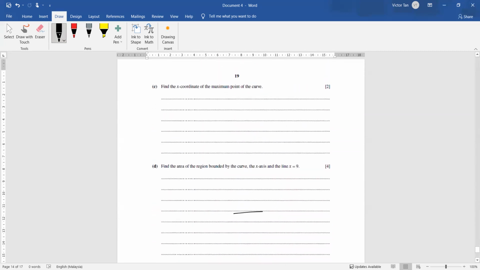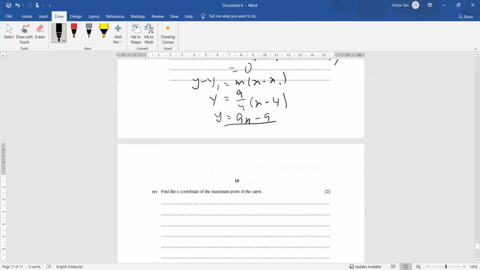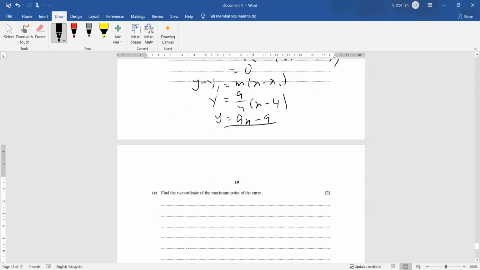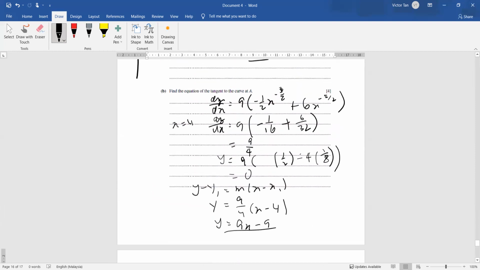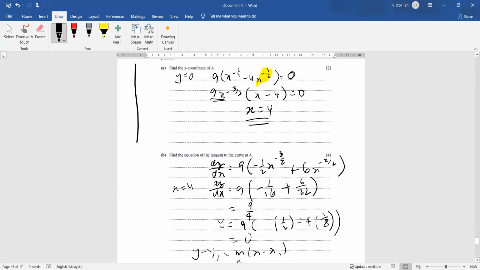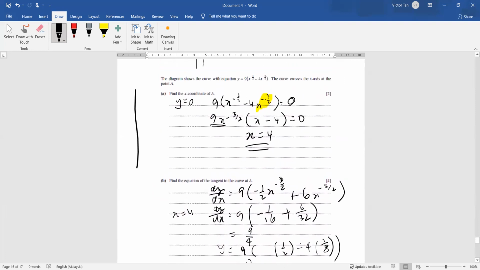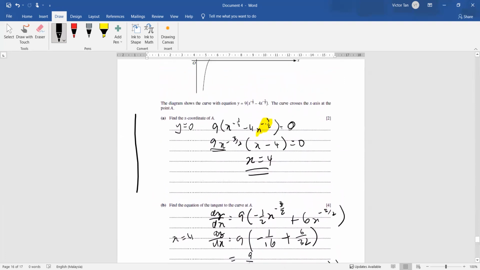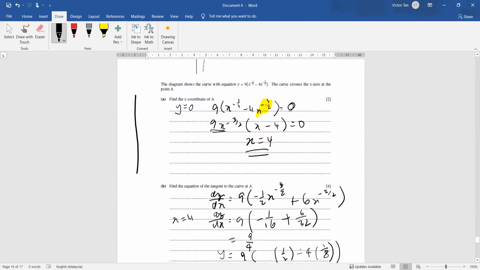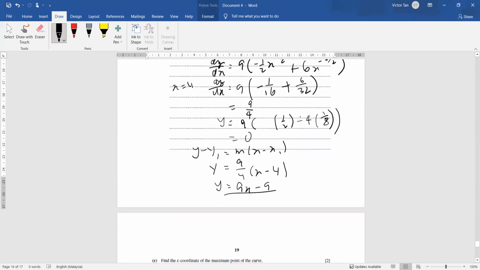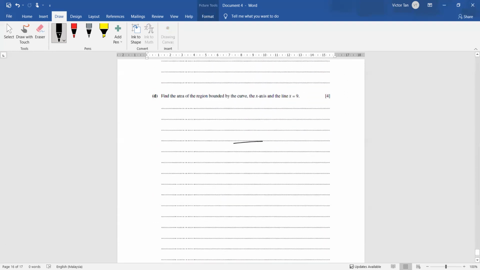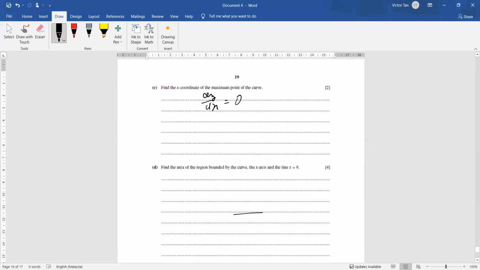Find the x coordinate of the maximum point of the curve. So at the maximum point, the differentiation, or differential, is 0. So dy over dx.